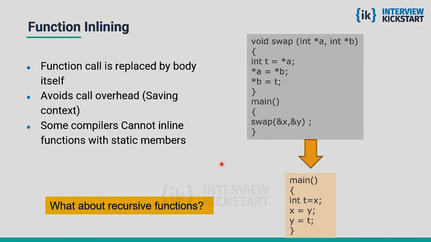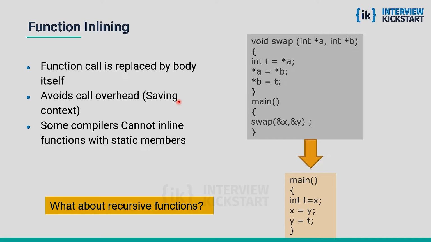One is that it avoids the function calling overhead, basically saving the context, because the ARM procedure calling standard expects the caller function to preserve certain registers which may be reused in the called function. So that is one overhead, and of course, upon return, it has to pop them back. That's a significant overhead. So if the function call itself is avoided, this context saving can be avoided as well.